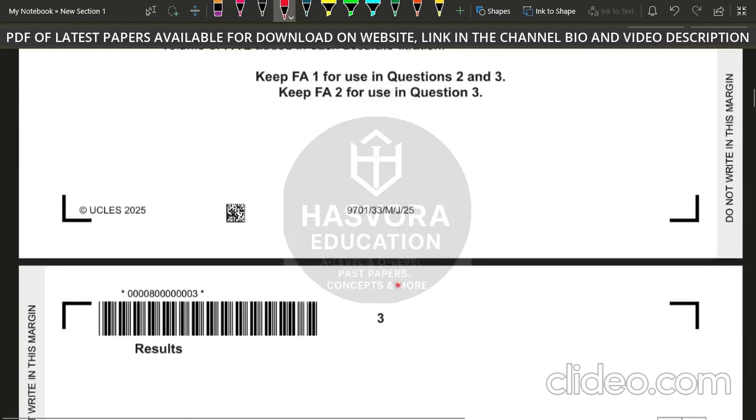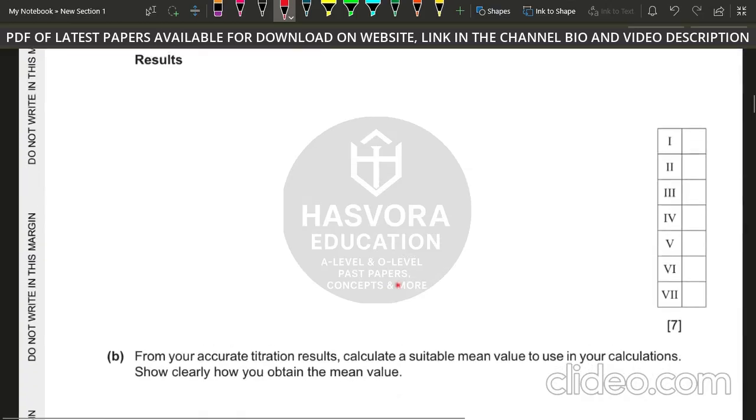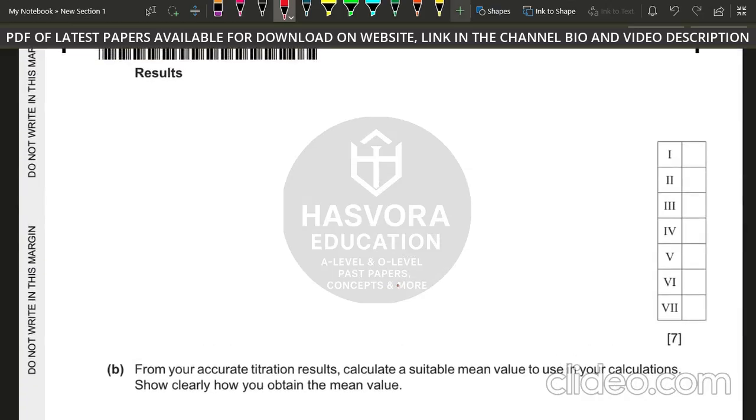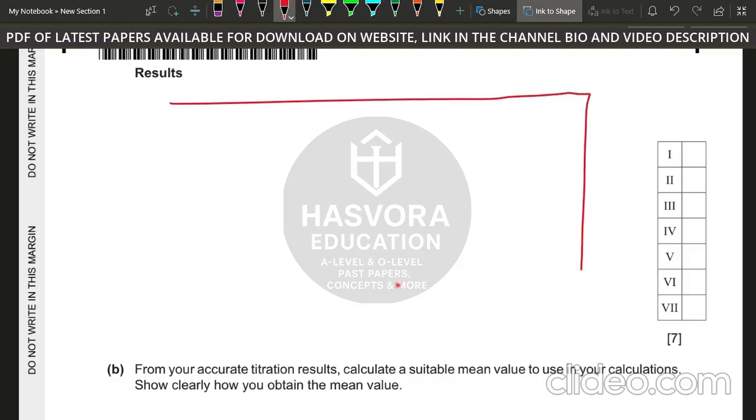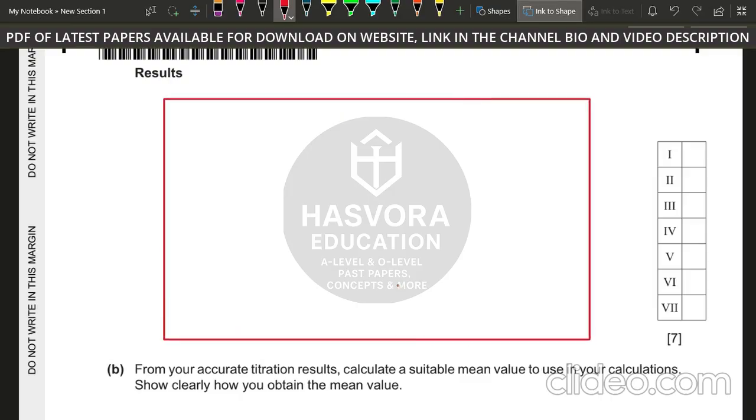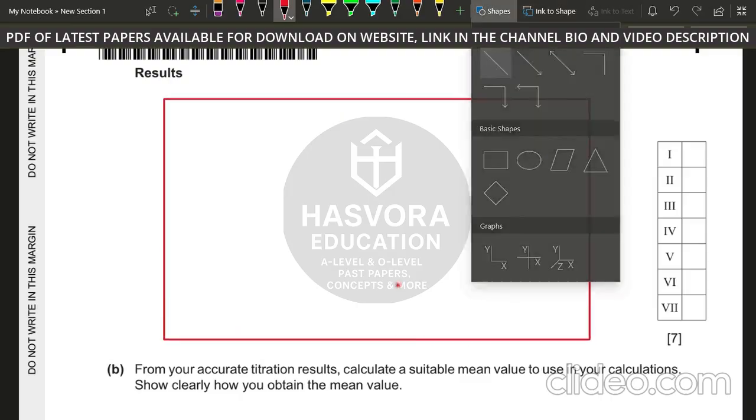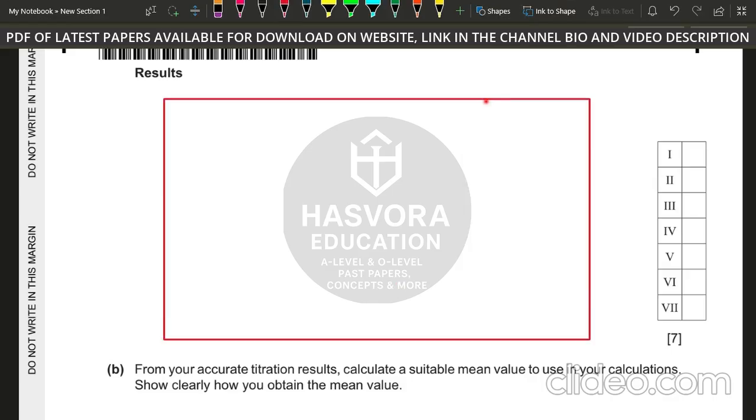Now we will make a table here and we will take the values. So first of all, this will be your table. Then let's add the first column to it. This is the column in which you mention your readings, the name of the readings, for example, the initial reading, the final reading.